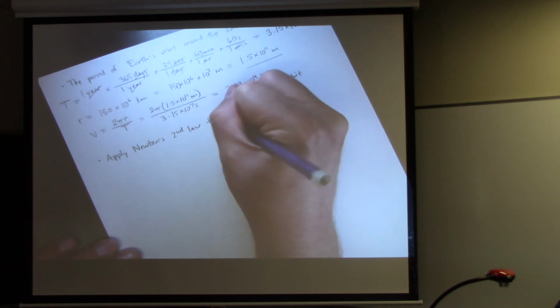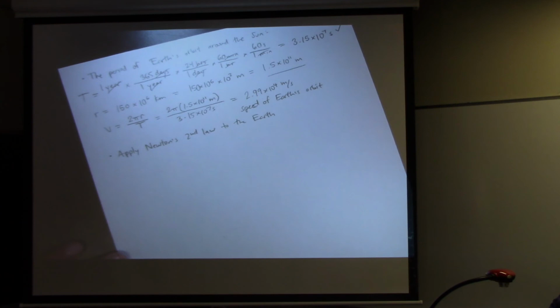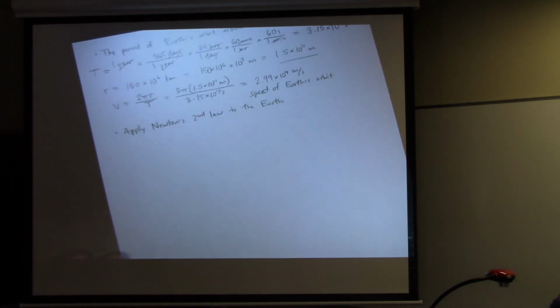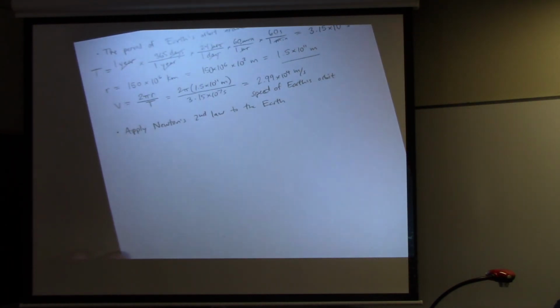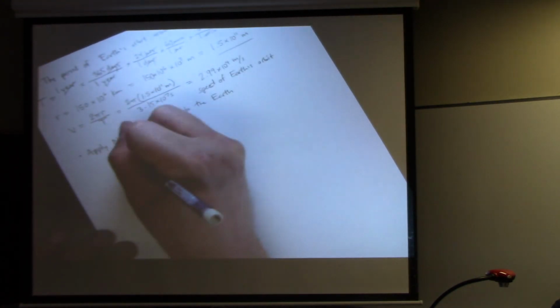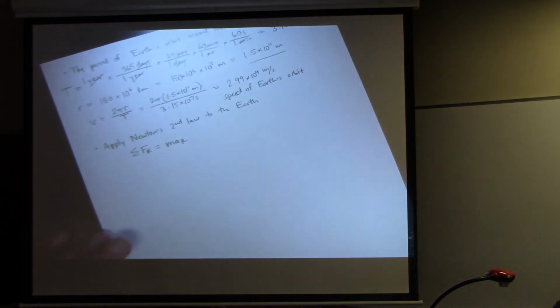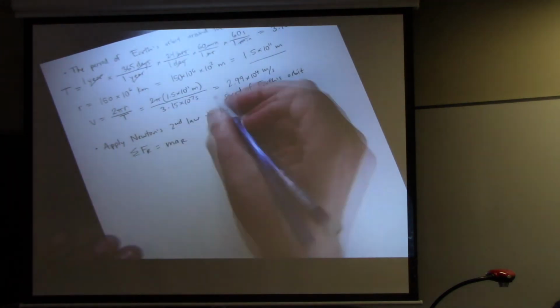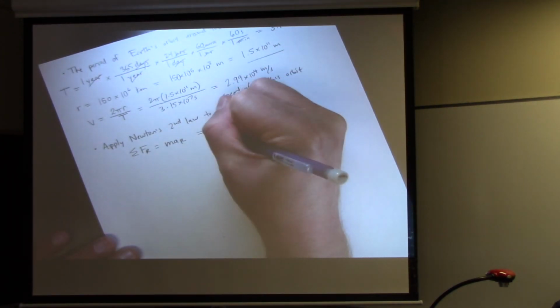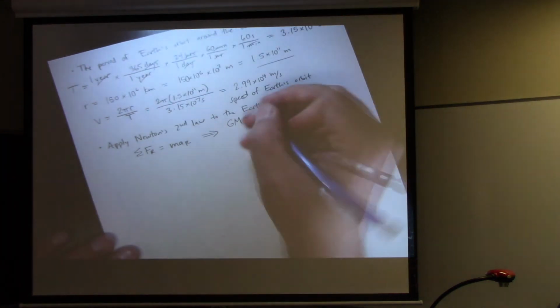Okay, the next thing I'm going to do here is apply Newton's second law to the Earth. So remember the sort of strategy here. We have a big M, which is the Sun, and then we have a little m, which is going around the Sun, which is the Earth. So we take the net force in the radial direction, we get m times the acceleration in the radial direction, which gives us the force of gravity, big G, big M times little m.